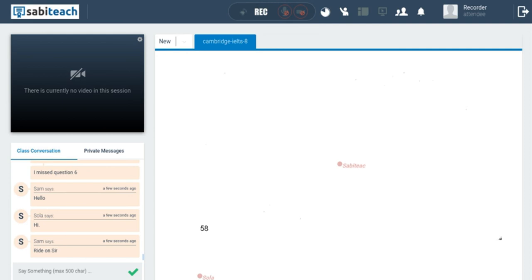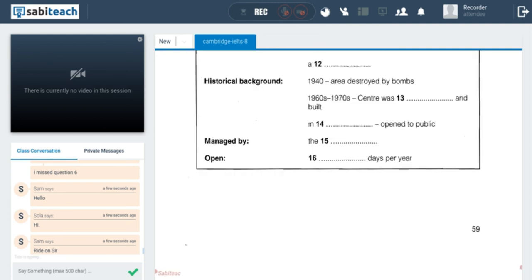So we are going to listen to the second recording, and then during the war in 1940. So the opportunity was taken to create a cultural centre that would be what they called the city's gift to the nation. Of course, it took a while for such a big project to get started, but it was planned in the 60s, built in the 70s, and eventually opened to the public in 1983.